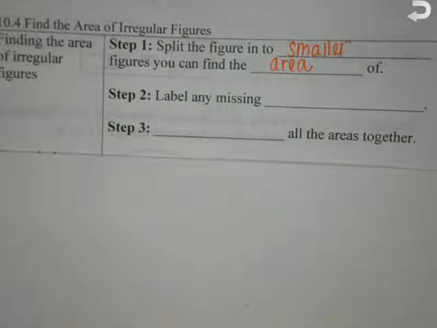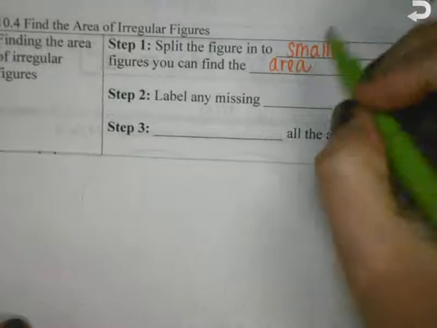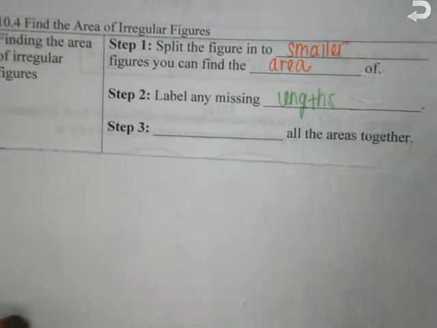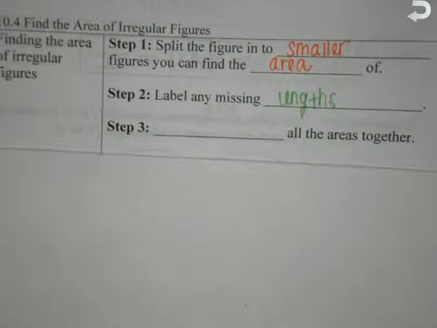Step 2, there might be some missing lengths. So you need to label any missing lengths or sides. You're going to find the area of each one of those individually, and then you are going to add all the areas together.